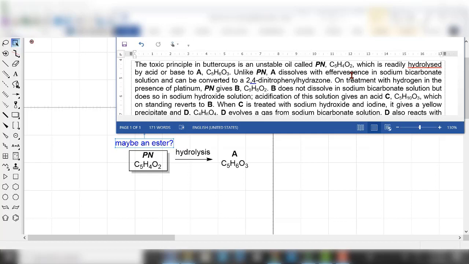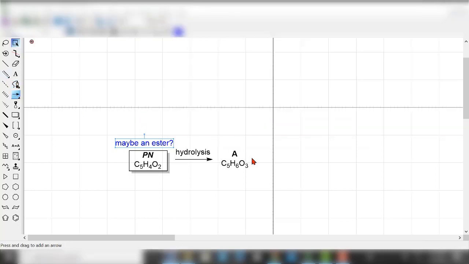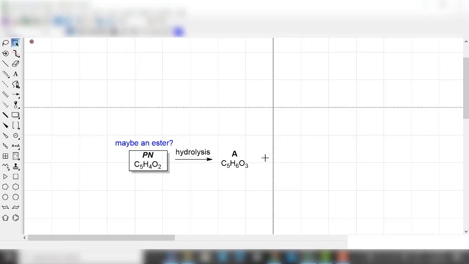And then now they tell you that A can dissolve with effervescence in sodium bicarbonate solution, so this is actually trying to tell you that A contains a carboxylic acid, and can then be converted into 2,4-dinitrophenylhydrazone. So these are 2 pretty important clues that are given to you.